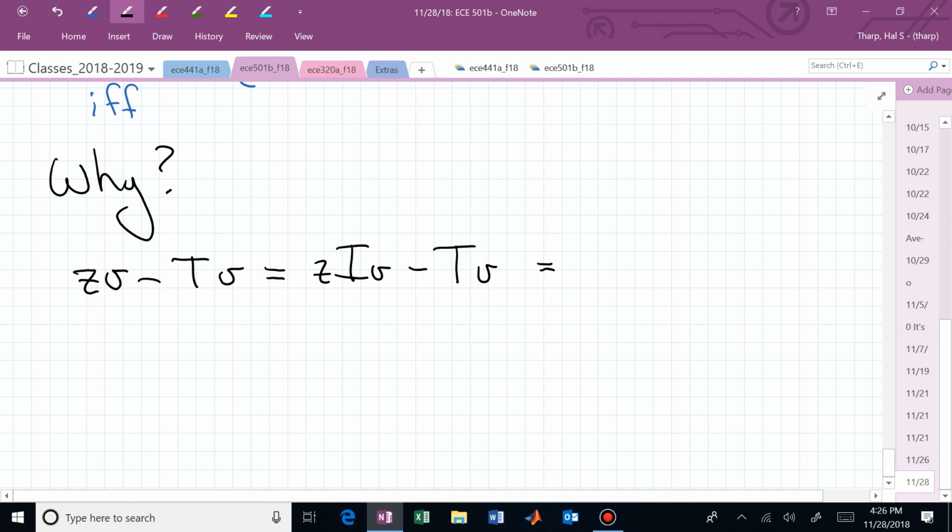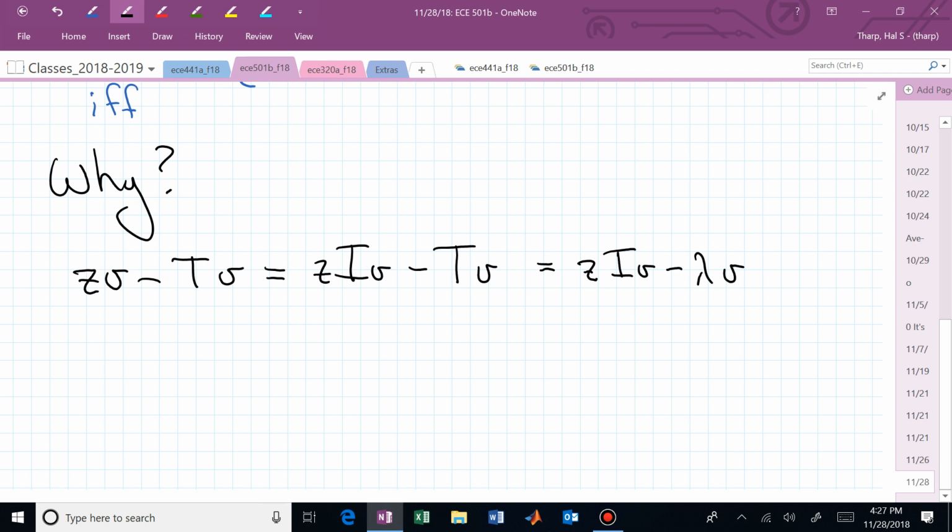But now let me remind us that we're assuming v is an eigenvector of T with an eigenvalue lambda. That allows us to rewrite this a little bit differently, and say, via the eigenvalue-eigenvector relationship, Tv is equal to lambda v. So I haven't done anything there.